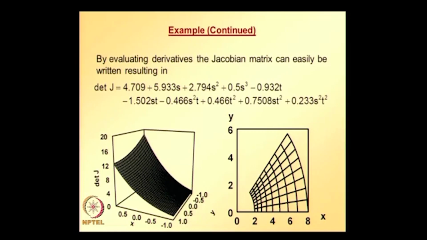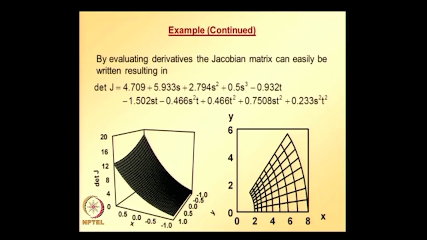So, the mapping is fine. So, we have two evidences, one is determinant of J greater than 0 and the other one is the plot of x y. So, both these evidences show that the mapping is good.